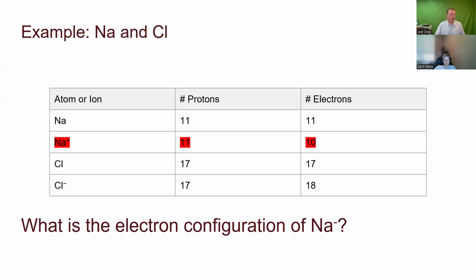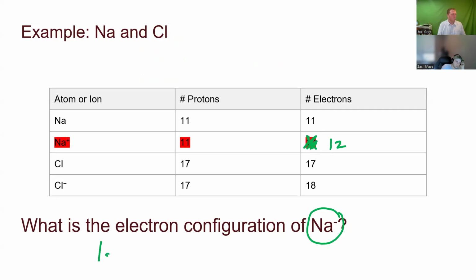This is an ion that is pretty much not going to exist, but I think it's a good exercise. What is the electron configuration of Na minus? That's not going to really form, but we've got the same thing. Na minus has an additional electron. That is not going to have 10 electrons, but instead a grand total of 12.